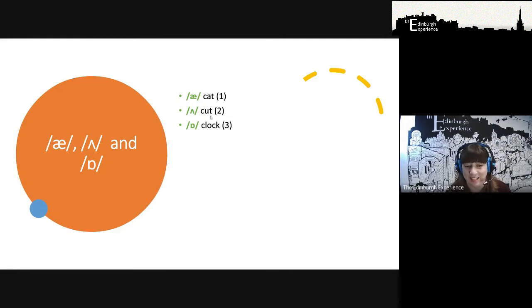So cat, cut, clock. To put that into a sentence which doesn't really make any sense, it's just so you can practice the sounds: The cat cut the clock. Yeah. So try saying that to yourselves. I know your microphones are turned off, but it's fine. Just try saying it to yourself. The cat cut the clock. Cat, cut, cot.